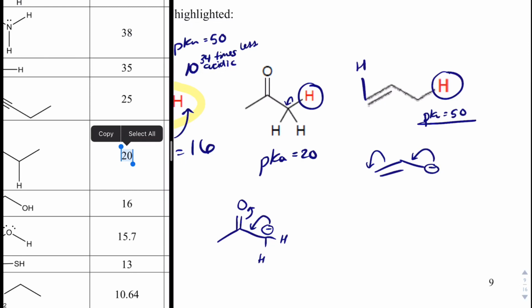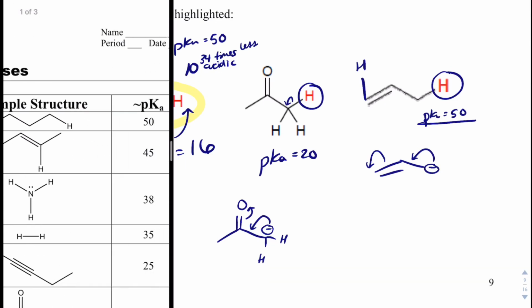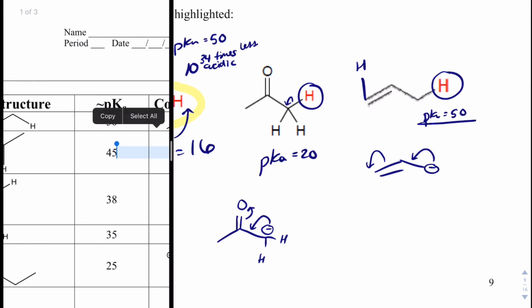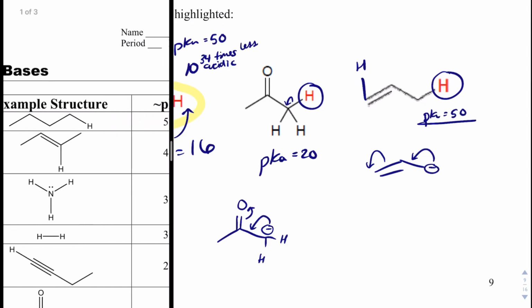If we had these H's, that would be an alkene, and alkenes actually have pKa's of 45. We're going to learn that double bonds are going to be a little bit more acidic than single bonds, and then triple bonds are way more acidic than double bonds even.